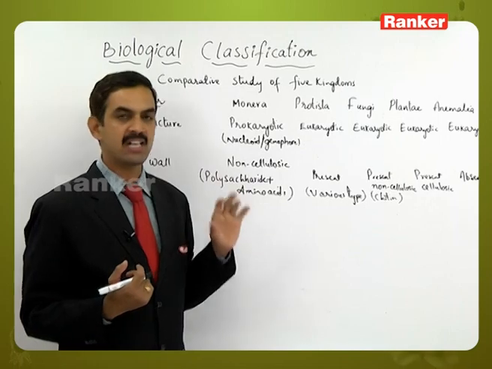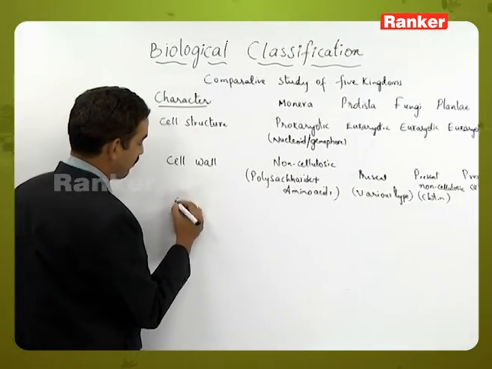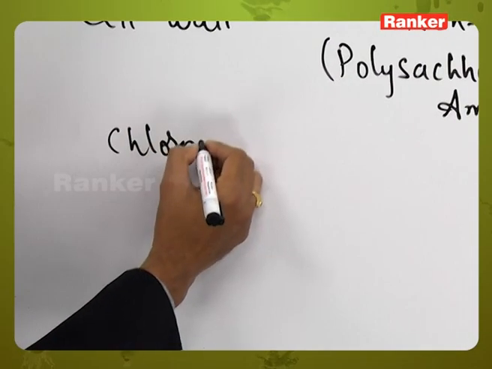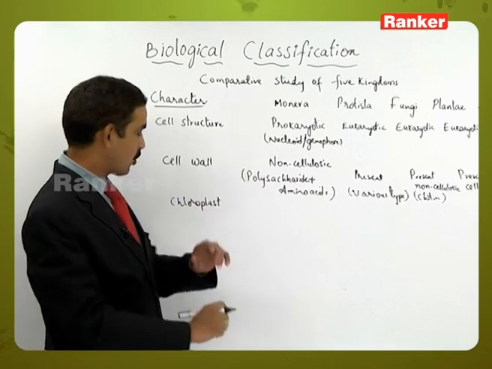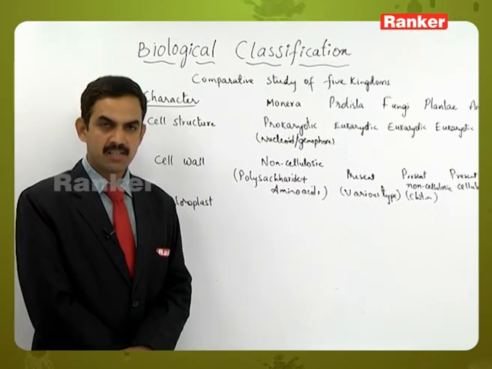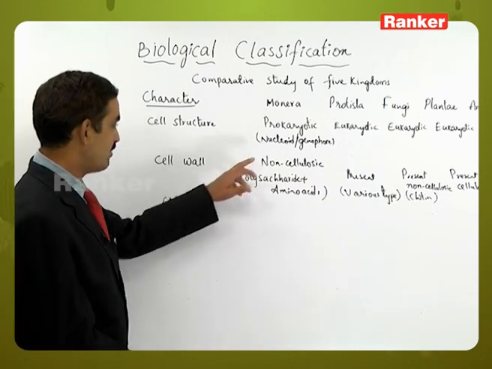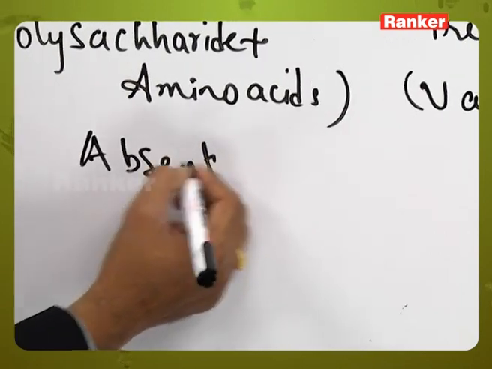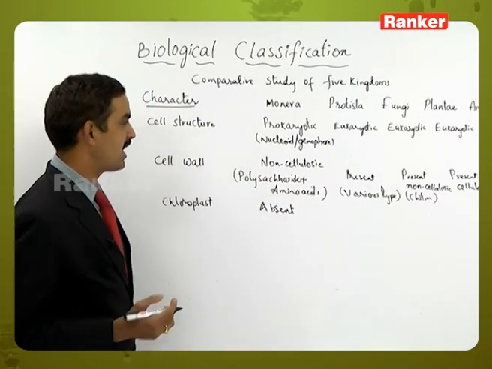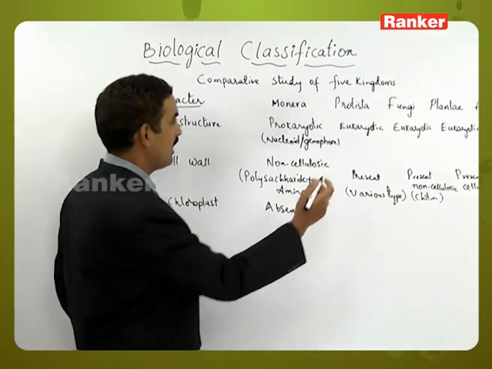Next, coming to the characteristic feature, that is the presence of chloroplast. As we know, chloroplast is a cell organelle concerned with photosynthesis and preparation of food materials. In Monera it is completely absent, and that means Monera includes a majority of heterotrophic organisms.